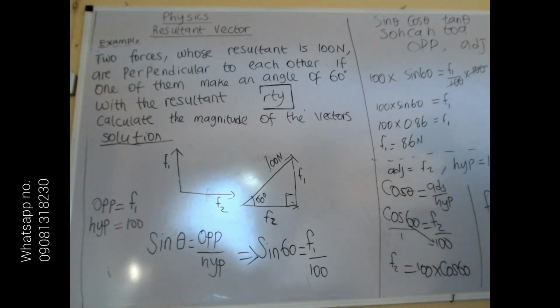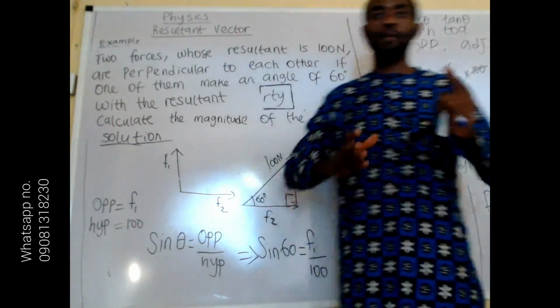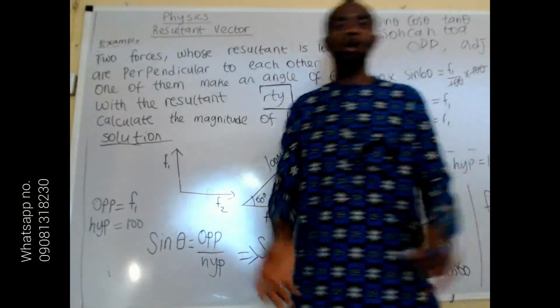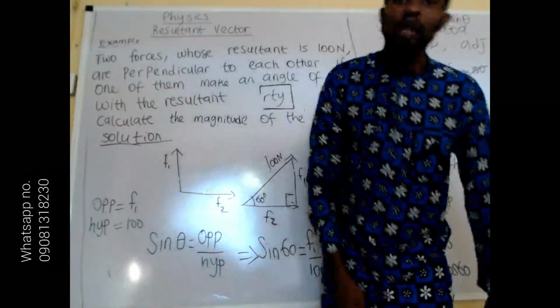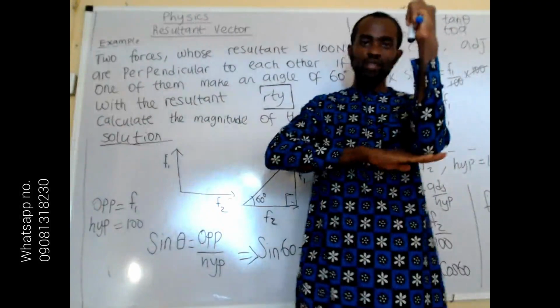Now we are done with two forces acting at a point that are perpendicular to each other. What about the case where you have still two forces but they are not perpendicular to each other?